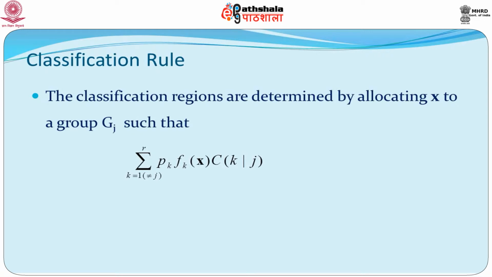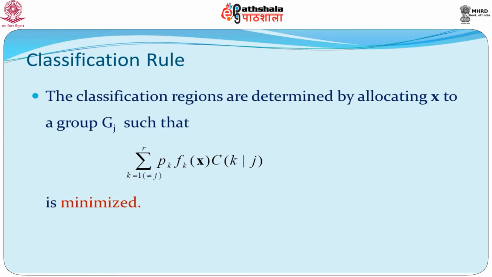this p_k f_k(x) c(k|j), summed over k up to r except for j, is minimized. This can be mathematically shown and you will see that in the text, but what we can see here is that small p_k is the prior probability of the individual coming from the kth group, and f_k(x) and c(k|j) are the probability function and the cost of misclassification.